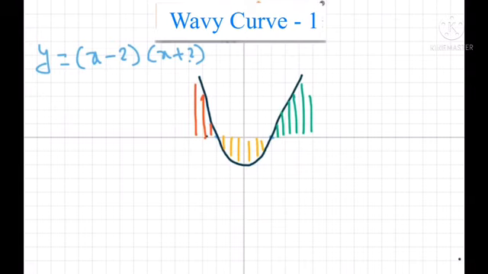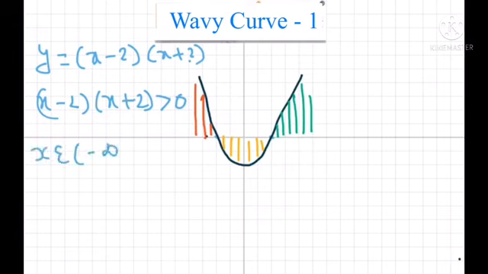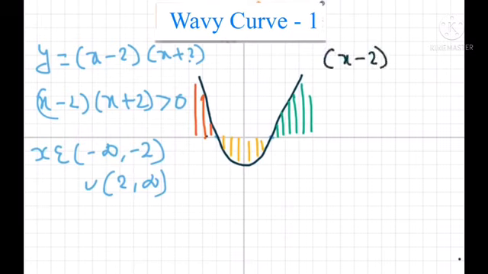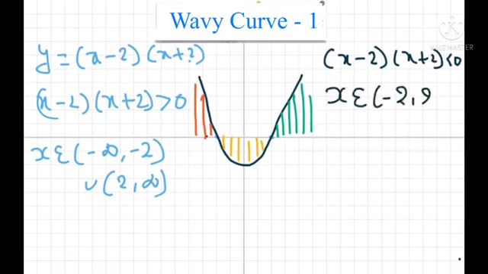So if I ask you (x minus 2)(x plus 2) is more than 0, then your answer should be x belongs to minus infinity to -2 union 2 to infinity. Or if I ask you (x minus 2)(x plus 2) is less than 0, then your answer should be x belongs to (-2, 2).